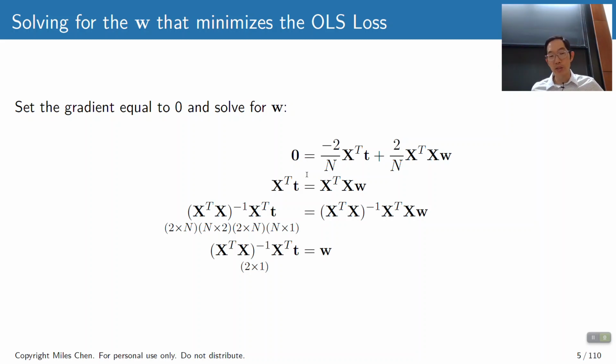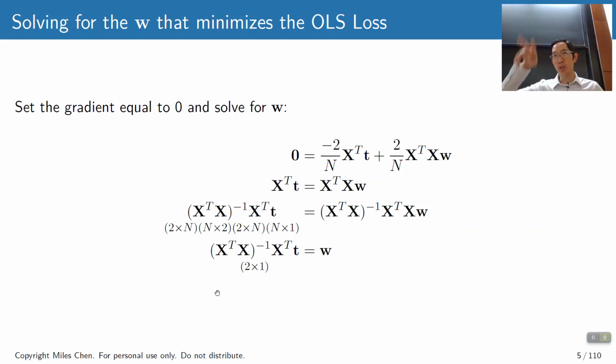We set the gradient equal to 0, solve for W, and end up with this maybe familiar quantity: X transpose X, quantity inverse, X transpose T, where T is the response values and X contains the values in our X matrix.